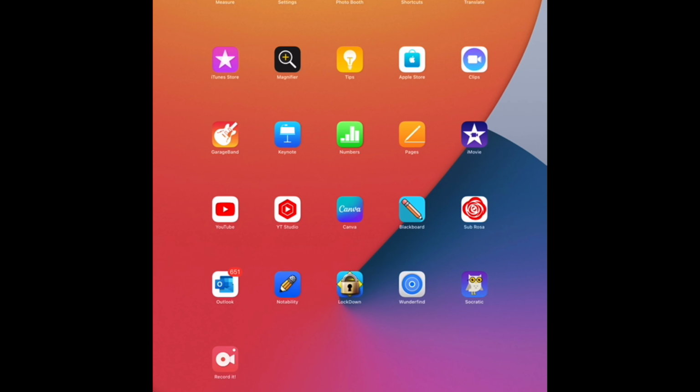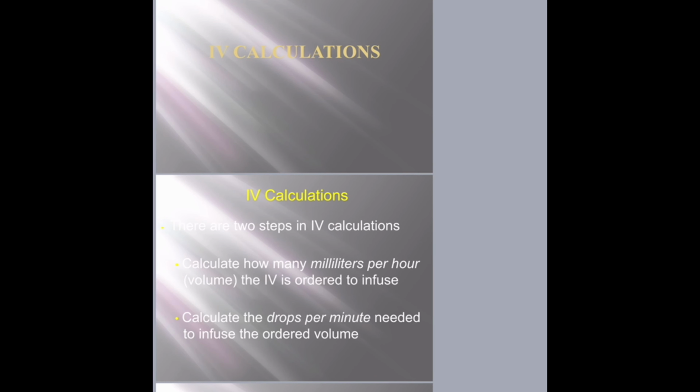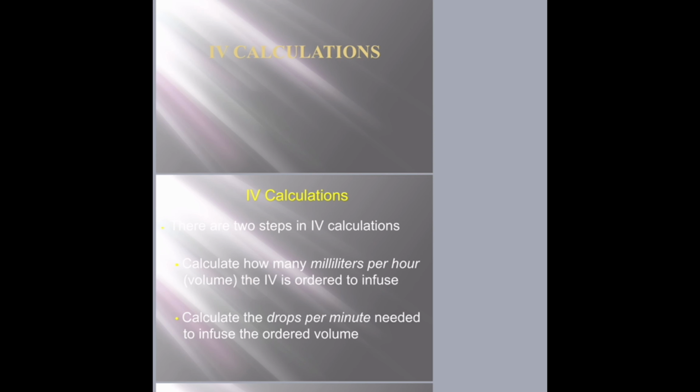So to start with, the first thing I do before class, I go to my Blackboard, right? And in your Blackboard account, you'll have all of the different topics that we're covering. Let's say for this one, we're doing IV calculations. So I click on the PowerPoint and it will show up.